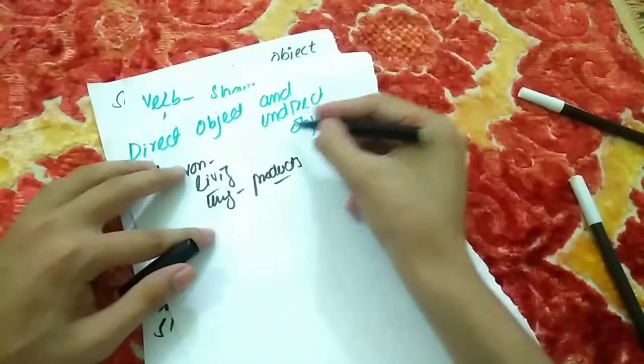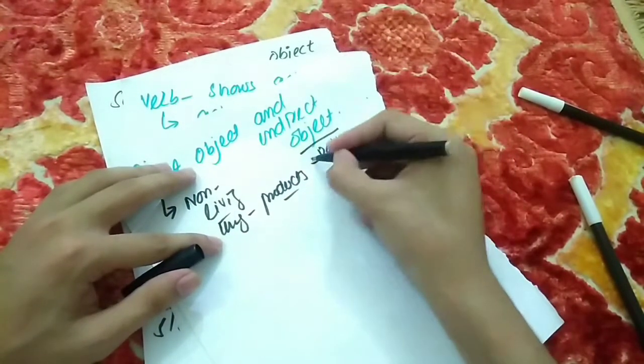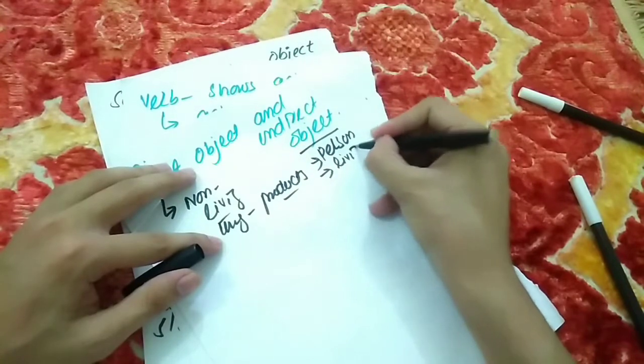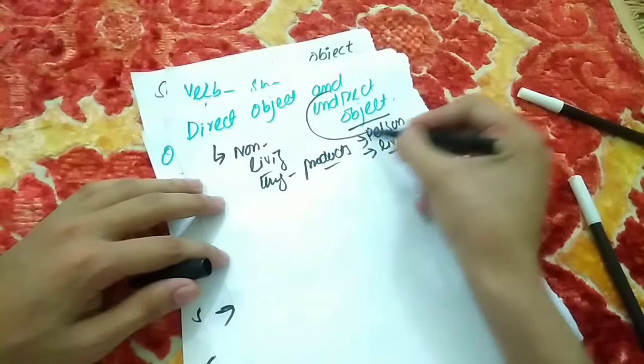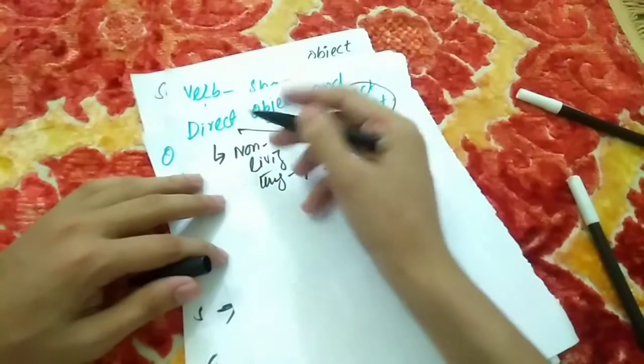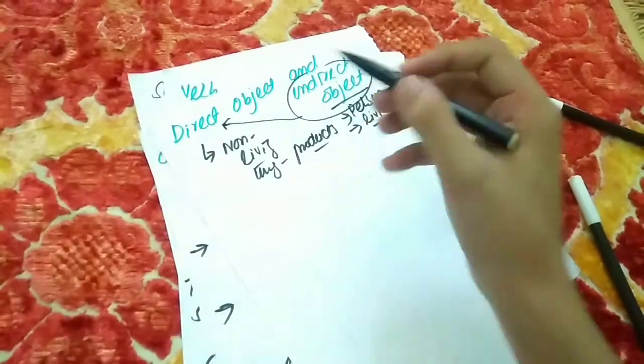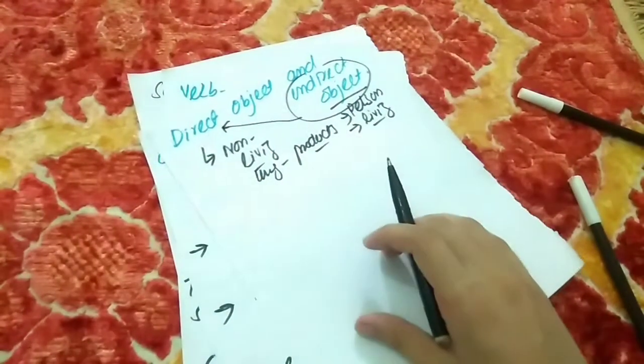Indirect objects are usually persons, living things. Indirect object receives direct object. Keep in mind, indirect object always receives direct object. For an indirect object, a direct object is extremely important.